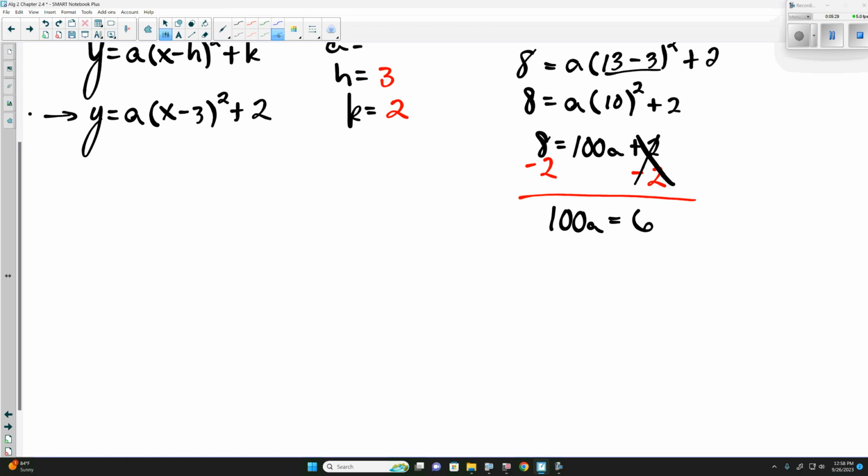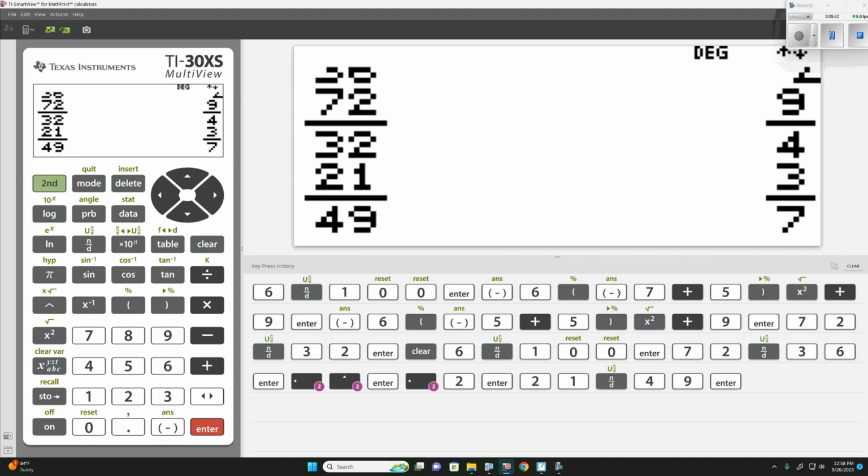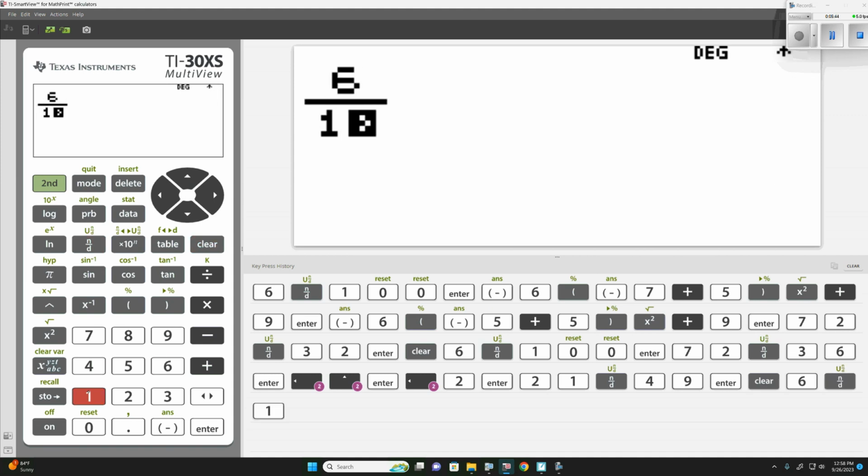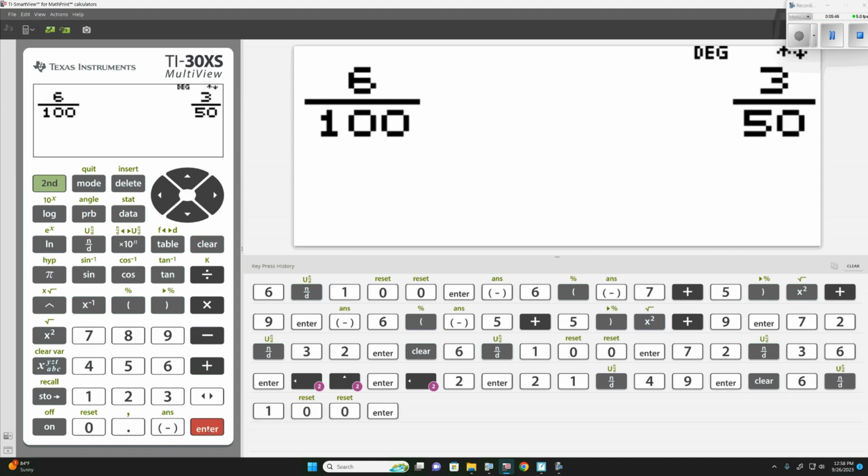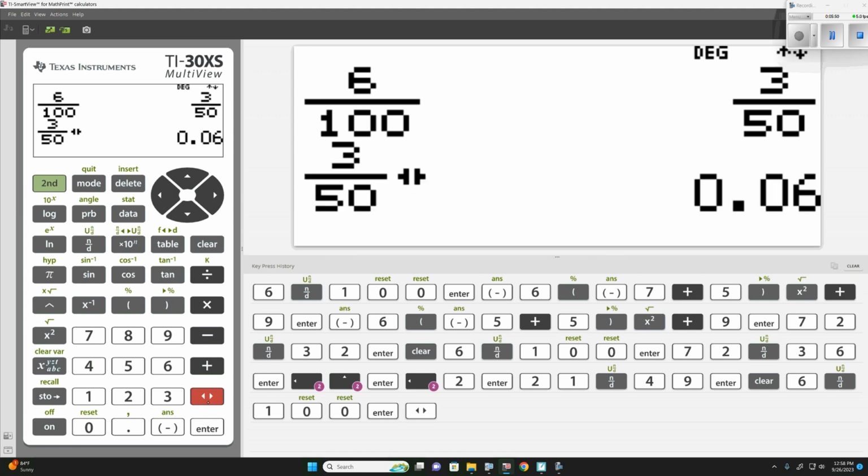And last but not least, we need to divide both sides by 100. So we need to take 6 over 100, and we can plug that in. 6 over 100 is 3 over 50, or as a decimal, 0.06.